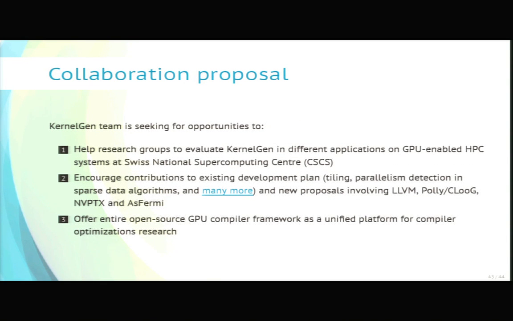The main purpose of this presentation is this slide. We want to continue this project further, and in order to do so, we need partners, users, and collaborators. For instance, if you have your program running on CPU, we can assist you to port it with KernelGen onto GPU and deploy it on the CSCS cluster, for instance.